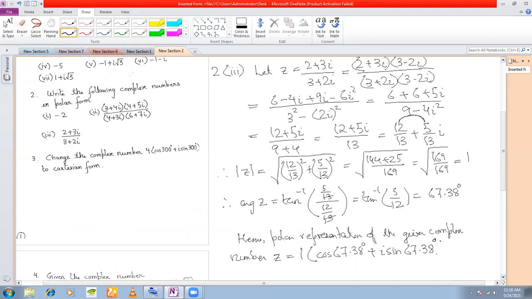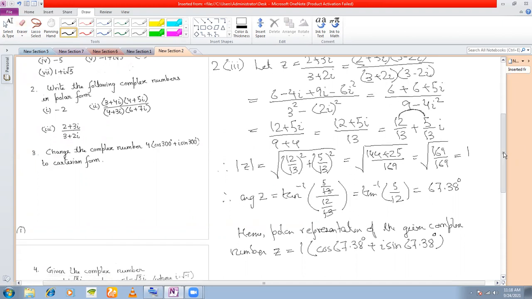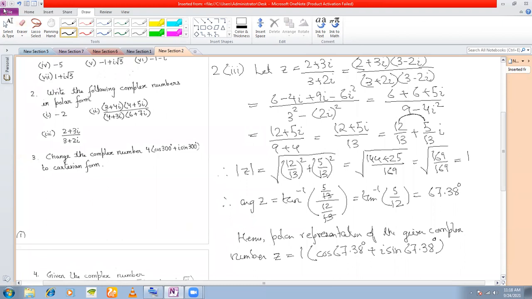And that is your required polar representation. You can convert it to minutes also, no problem. Fine. So let's proceed to the next one, if you have no questions.